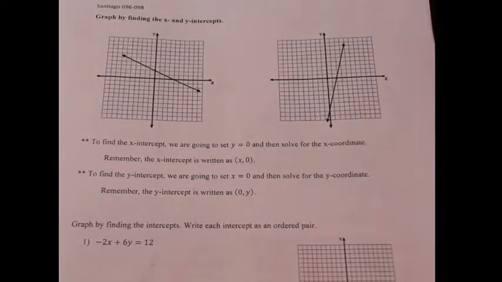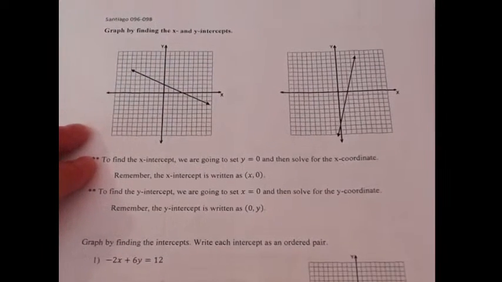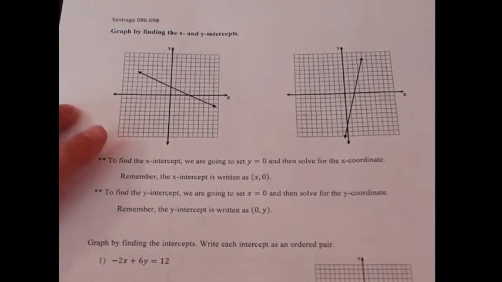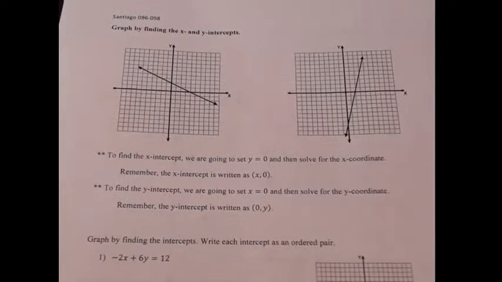So we're going to graph by finding the x and the y-intercepts. The first thing I want you to do is to carefully look at this very first graph here in your notes. When you think of intercepts, I want you to think of where the line crosses or hits the x or the y-axis.